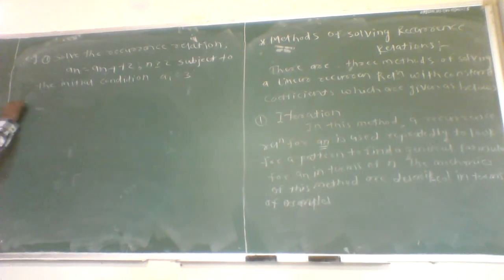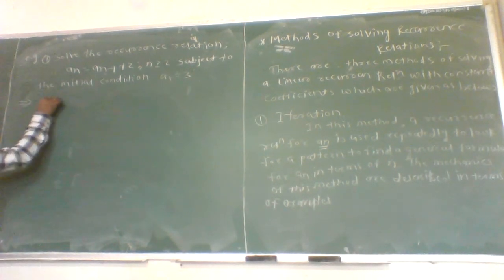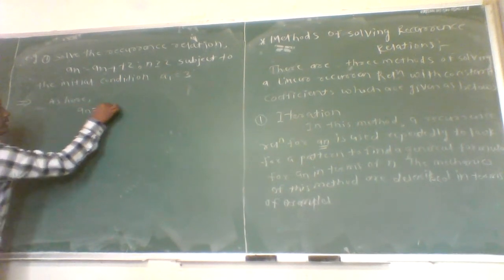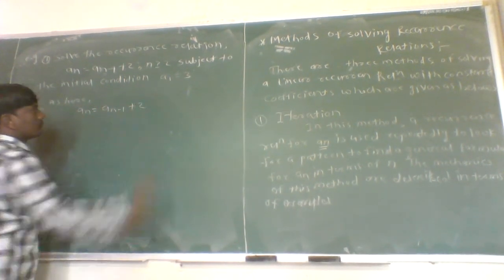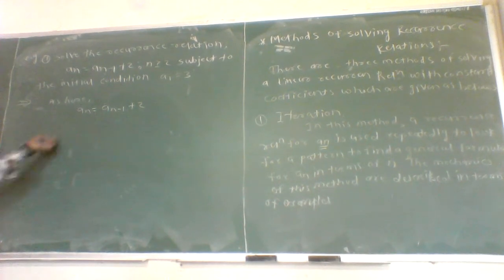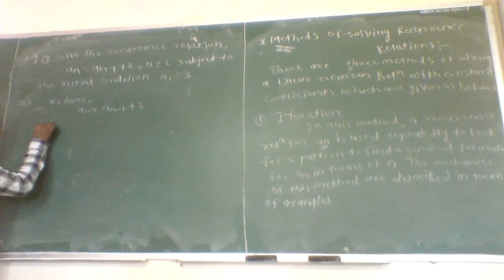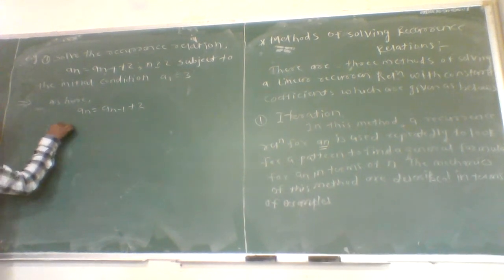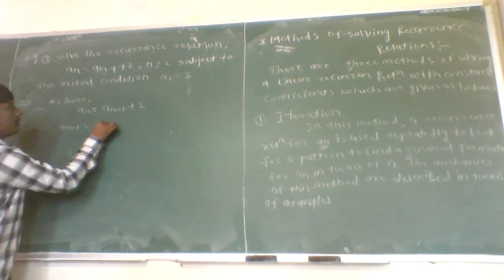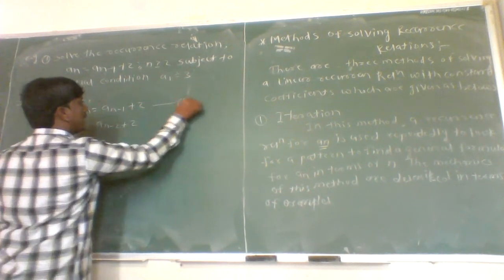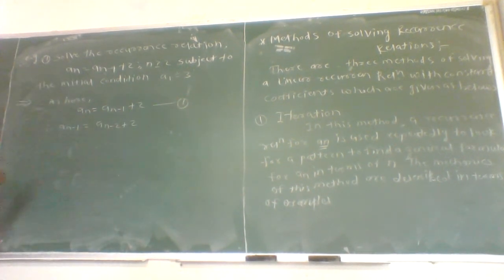We can solve this type of recurrence relation by using the iteration method. As here a_n is equal to a_{n-1} plus 2, now we have to find this a_{n-1} by the given recurrence relation. Therefore a_{n-1} is nothing but a_{n-2} plus 2.